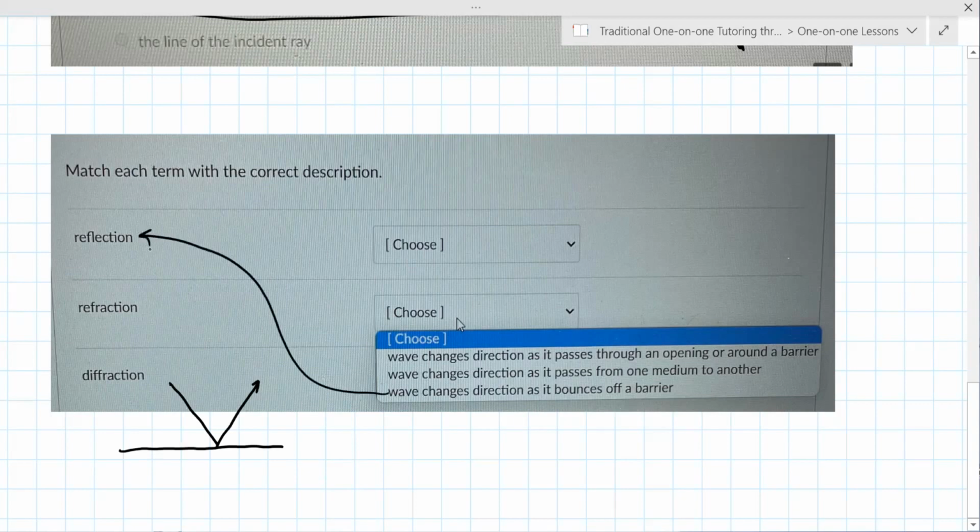Okay. Diffraction is the one that we're talking about a lot here. That's the one where it passes from one medium to another medium to another. That's diffraction. And then refraction, probably the best words to look at is the one that says around a barrier.